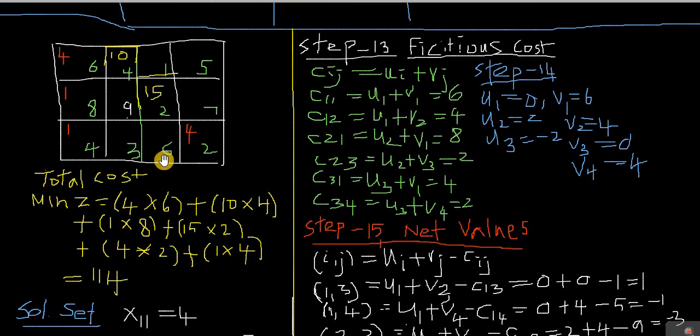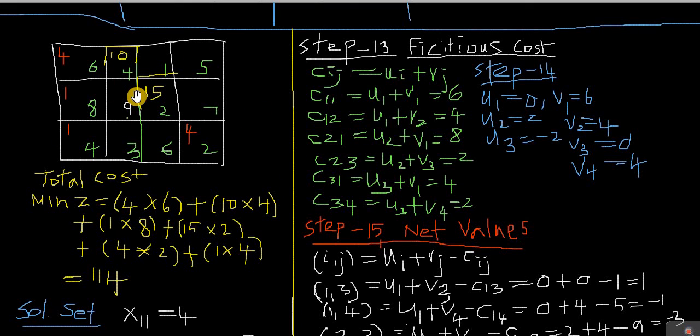That is, we have reached the minimum among minimum transportation cost. If any positive number comes, again we have to go for drawing loops from the maximum positive net value, and then assign theta values, theta, minus theta, theta for corner points. Then theta is equal to the minimum of the basic values in the minus theta places, and then we have to rearrange them. All those things we have to do.